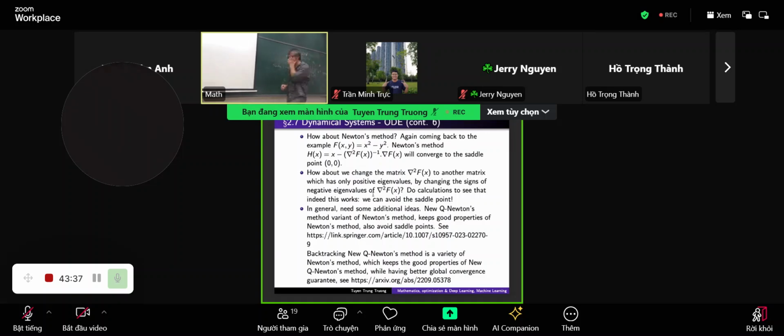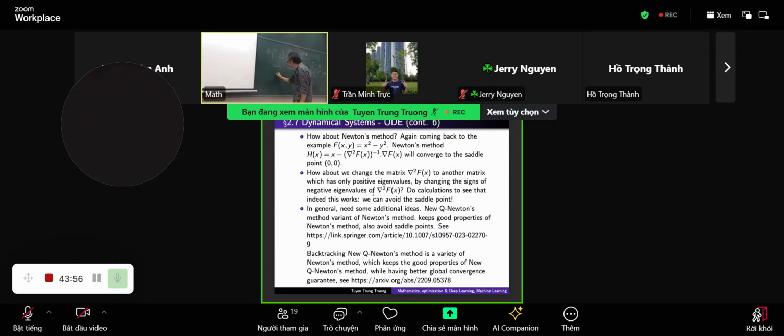Now what happens if instead of A, you use this B? It's mostly the same as A, except that you change the minus 2 to 2. So you want to make all the eigenvalues positive.